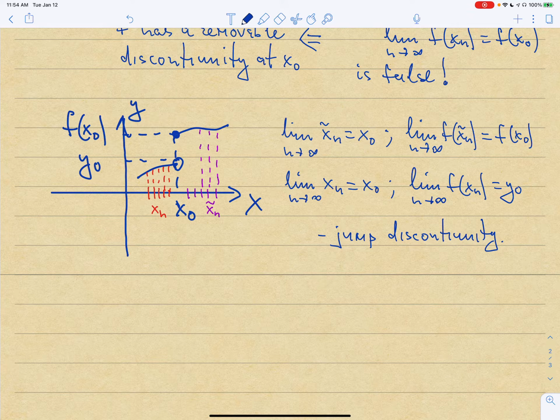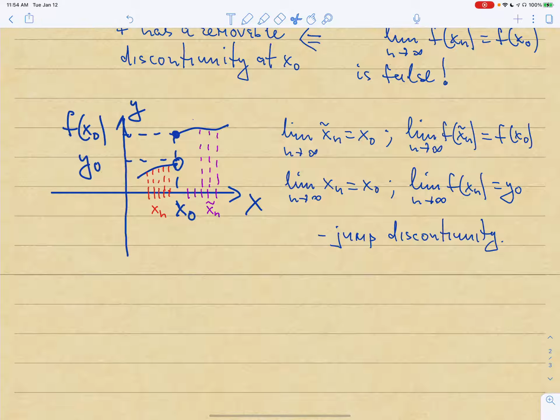Also, one other thing. I'm not going to plot it because the picture will be too busy. If I have, for example, a sequence of x's which converges to x0 and it jumps from right to left of x0, so maybe I take a red point, a blue point, the next red point, the next blue point, the next purple point, and so on, so I keep jumping from right to left, then I will have a sequence xn which is still going to x0, but f of xn will not have a limit, because it is going to be alternating between values near f of x0 and y0.